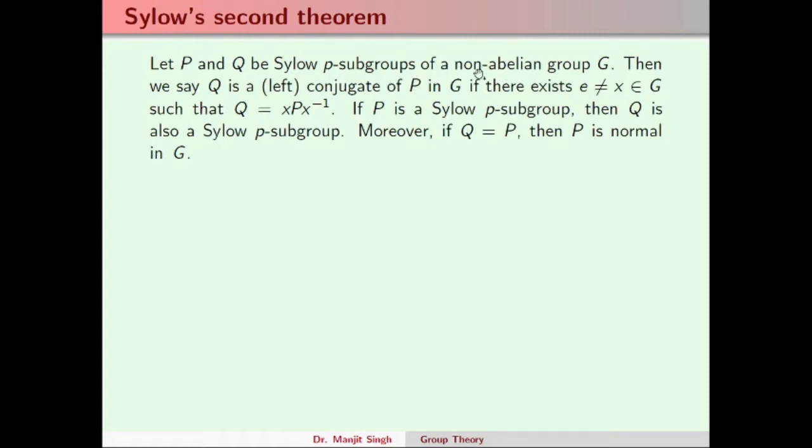So there will be no Sylow P-subgroup other than P itself in case of an abelian group. So throughout this study we will assume a non-abelian group.